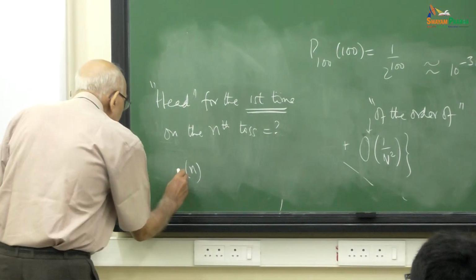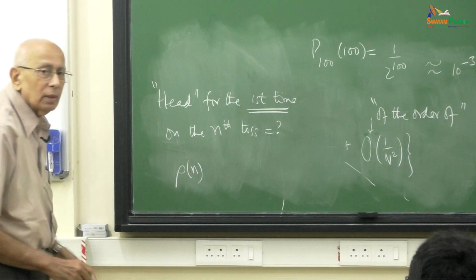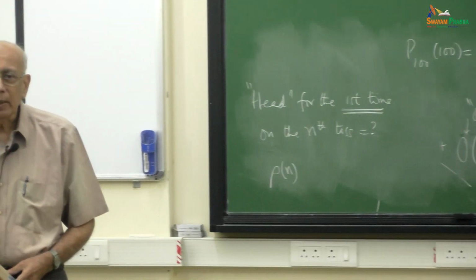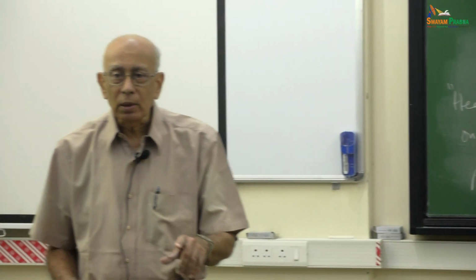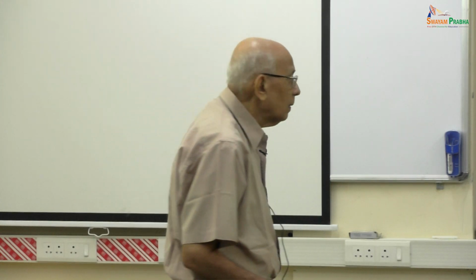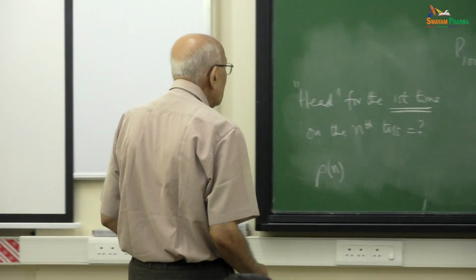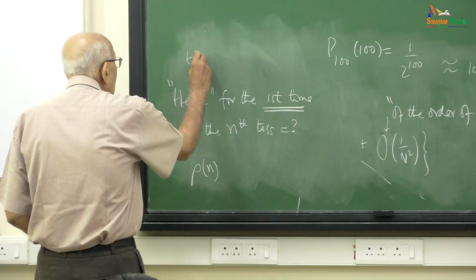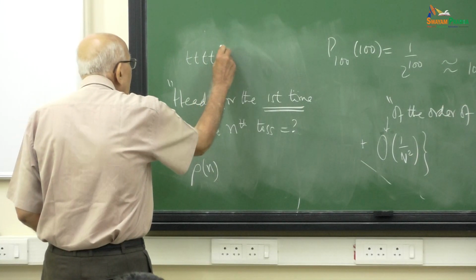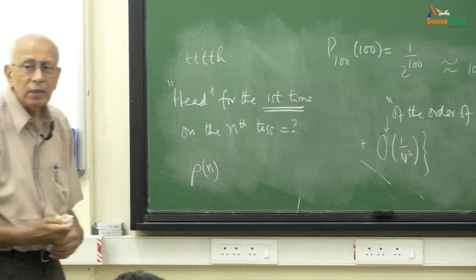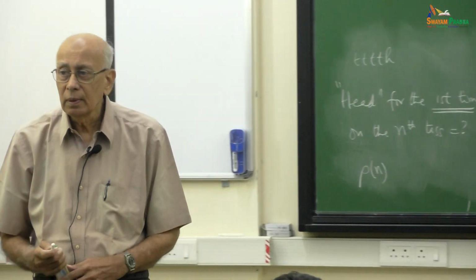That's the probability that on the nth toss, you get head for the first time. You've not seen heads before that. Everything before that is a tail. And it's an unfair coin. So it should have been tail, tail, tail, tail, head. This is a head for the first time in the fifth toss.